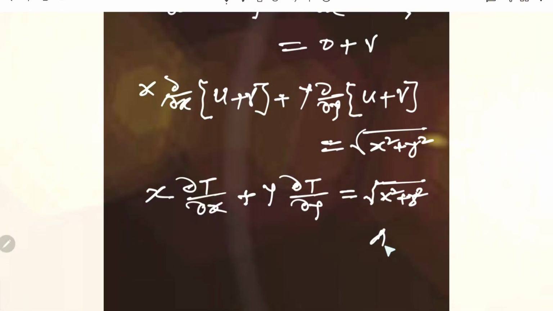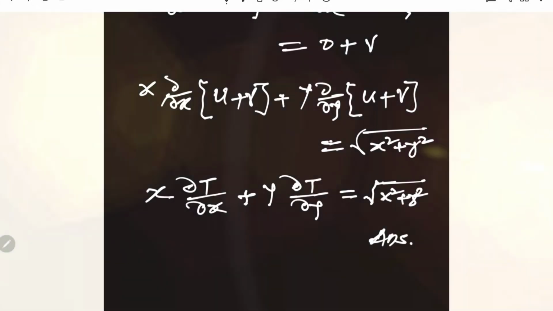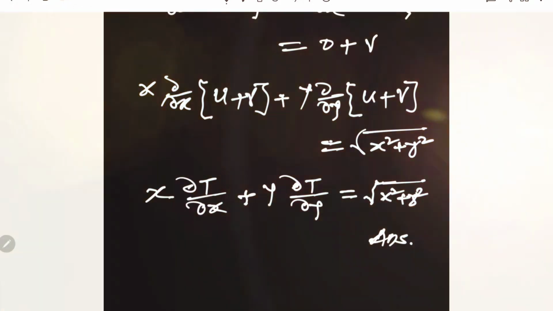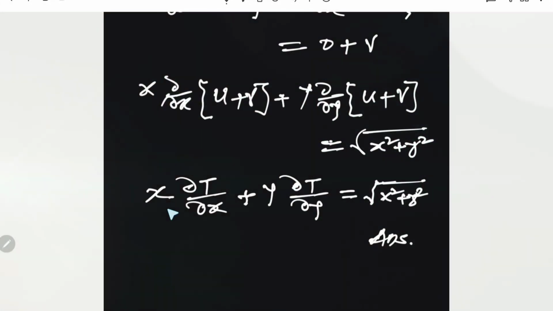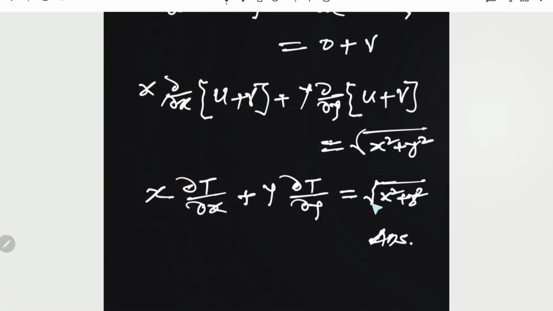It is the root of x square plus y square as a required answer or required value, obtained by applying Euler's theorem separately for u and separately for v, and then adding those two results to get this value of x dou t by dou x plus y dou t by dou y as square root of x square plus y square.